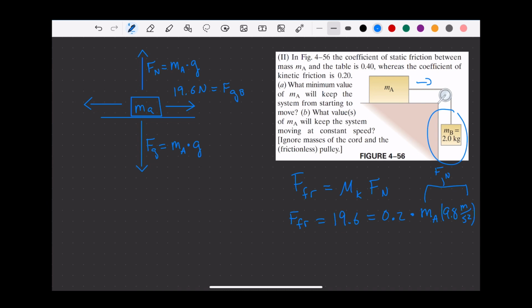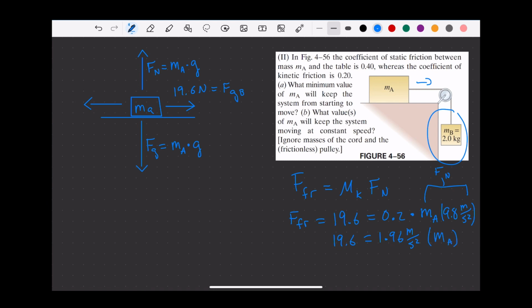Now, we're just trying to solve for the mass of mass A. So I'm going to multiply 9.8 by 0.2. That's basically just combining like terms on my right side. And what I have is that 19.6 must be equal to 1.96 meters per second squared times MA.